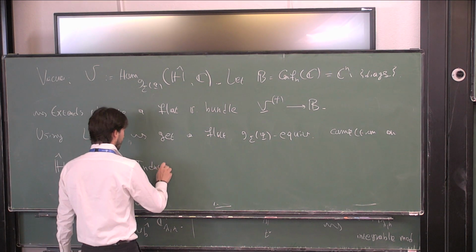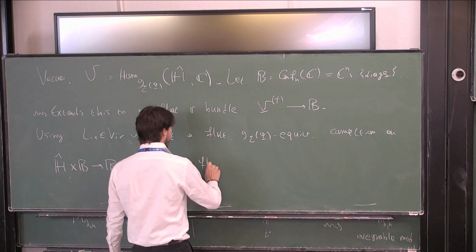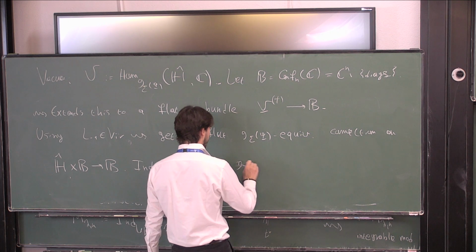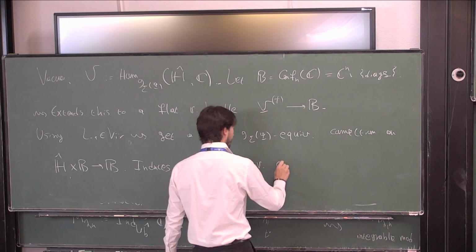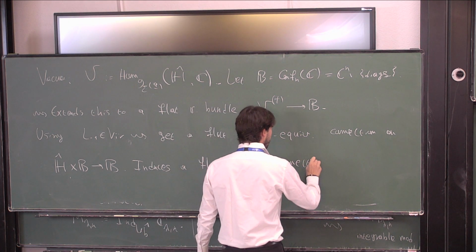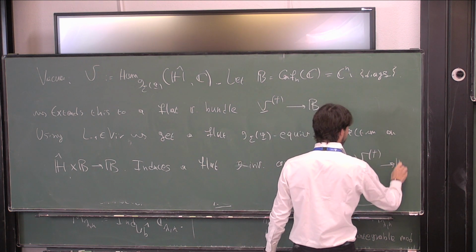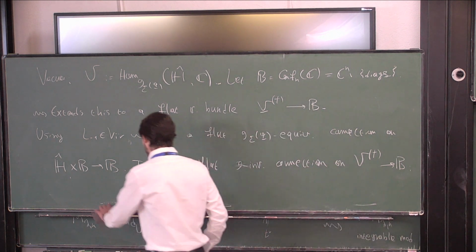So this induces a flat connection. I should say G invariant now. On this bundle here. And this is the KZ connection, okay?